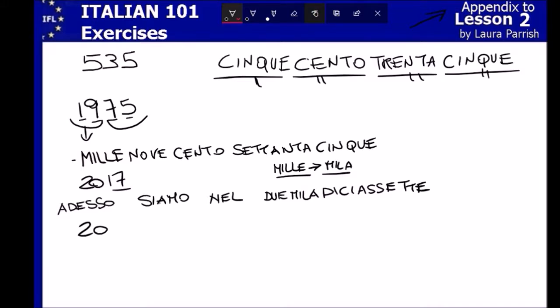Let's do the year without the zero here. So let's do the year 2138. Wow, very far in the future. So it will be duemila, centotrenta, 138.